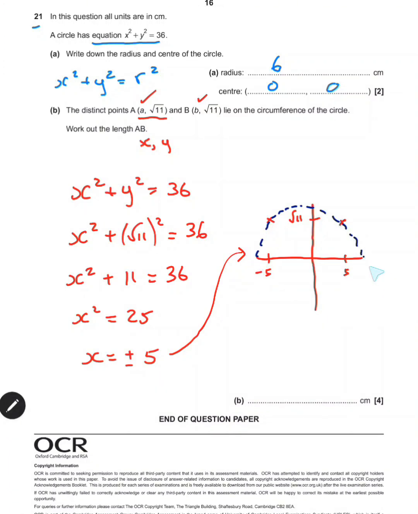And it'd cross at 6, and minus 6, the radius of the circle. So I've actually found both using one bit of substitution. Be careful, it does say work out the length between those points. Well, if it goes from plus 5 to minus 5, the distance is 10.